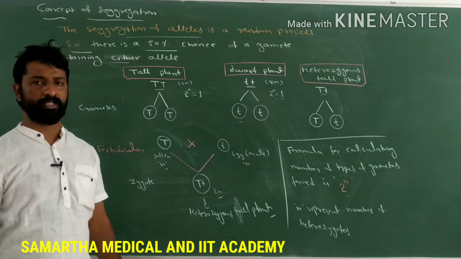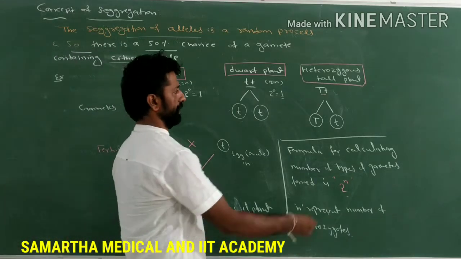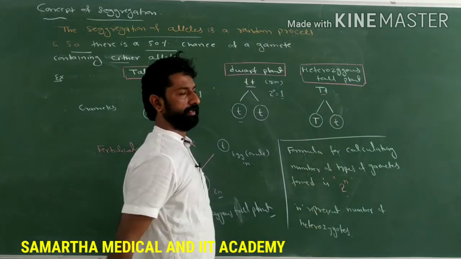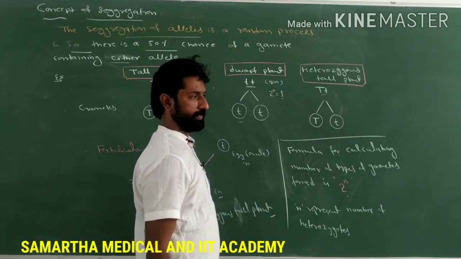All gametes will have the same allele, the small t, or the dwarf allele.